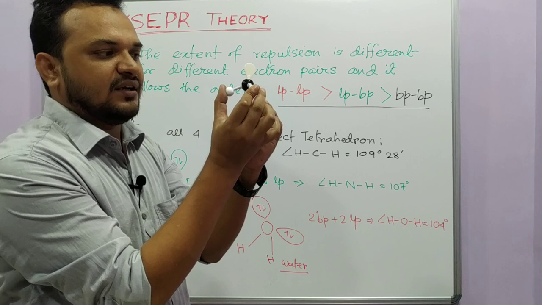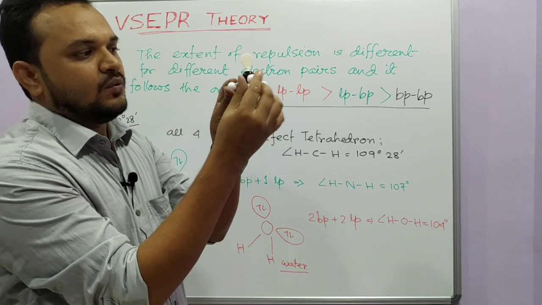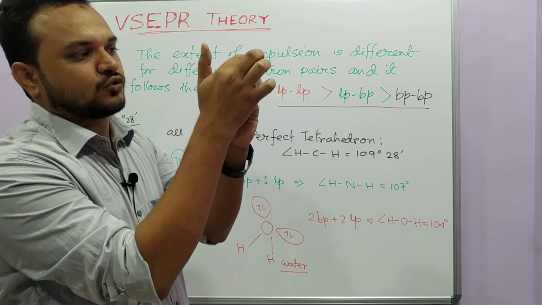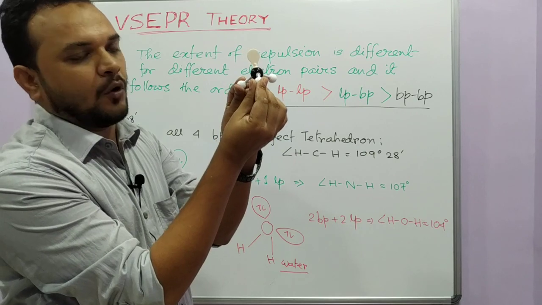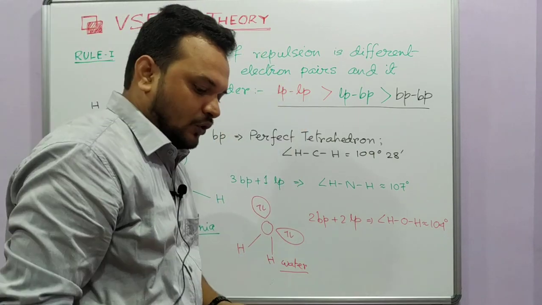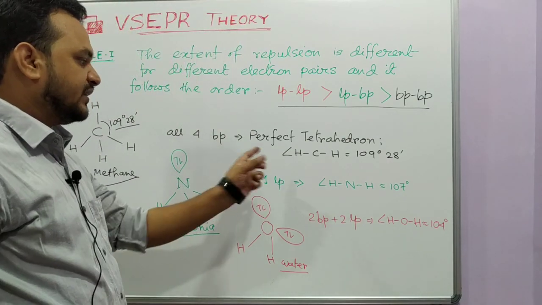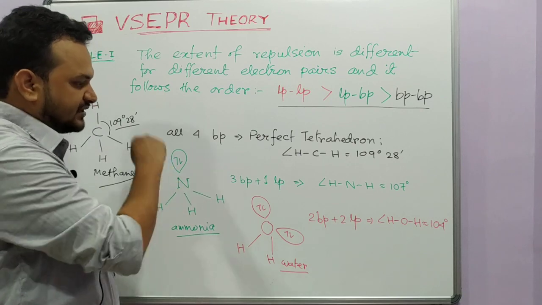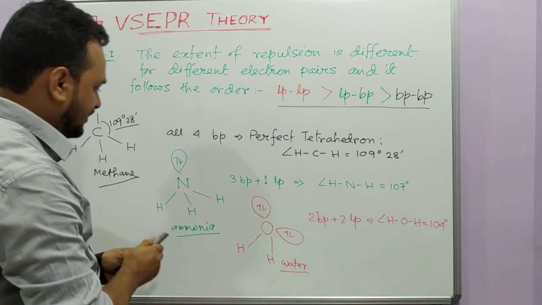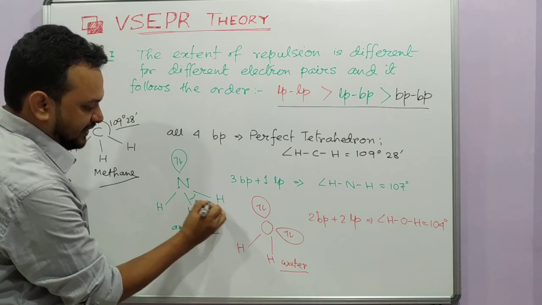If it was a perfect tetrahedron, this one was the angle, and now because of this stronger force of repulsion, these bonds bend. As a result, the bond angle decreases. So this greater lone pair-bond pair repulsion leads to a decrease in the bond angle, and this H-N-H bond angle decreases from 109 degree 28 minute to around 107 degree.